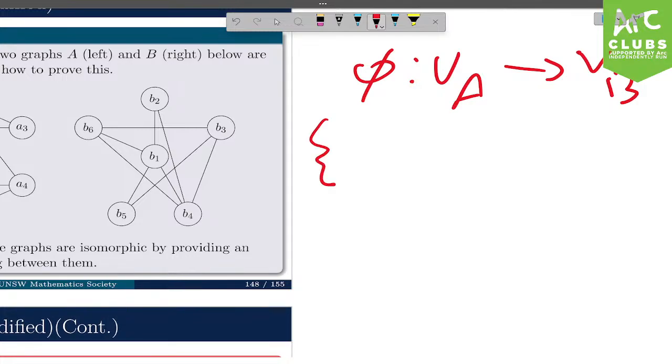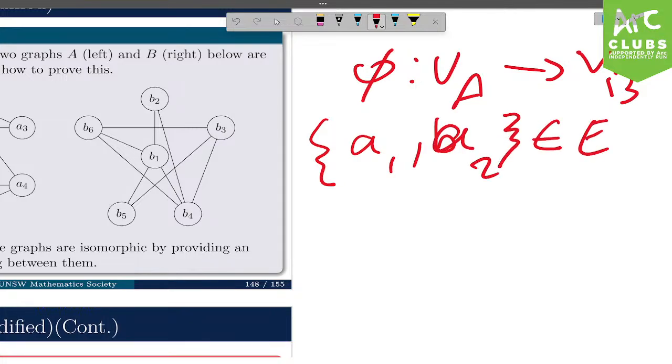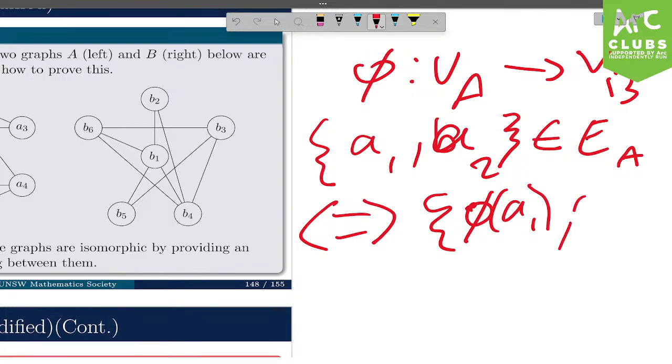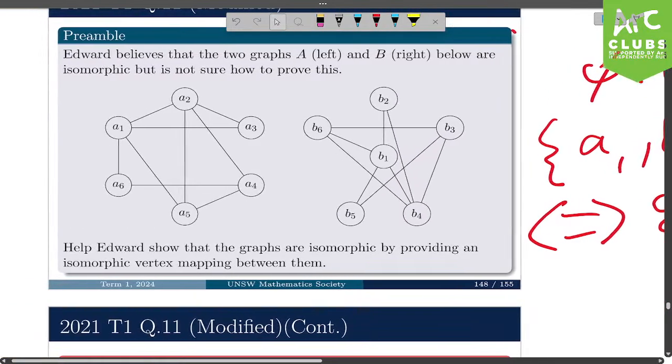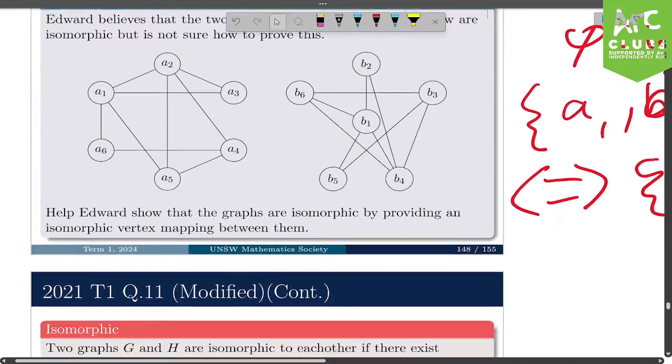Such that if there's an edge from A1, A2 in the edge set of A, then this means that this is if and only if there's an edge from the vertex mapping A1 to A2 in the edge set of B. Again, to say if there's an edge from A1 to A2, then under the mapping there's also an edge in the other graph. Cool. And isomorphic if you can find such a mapping.